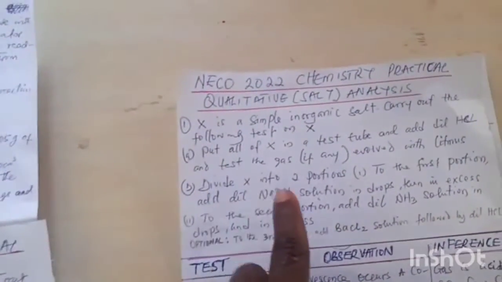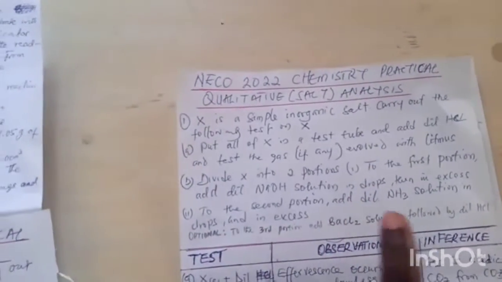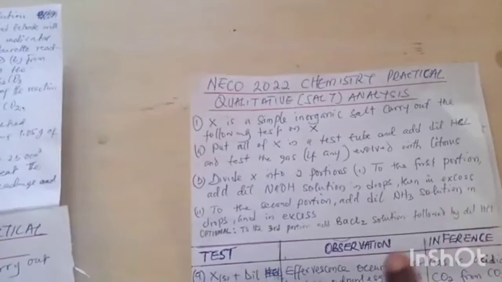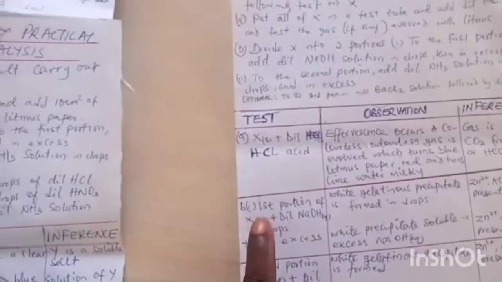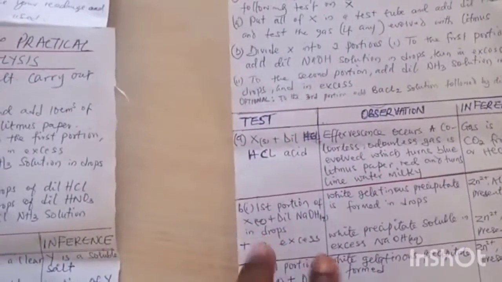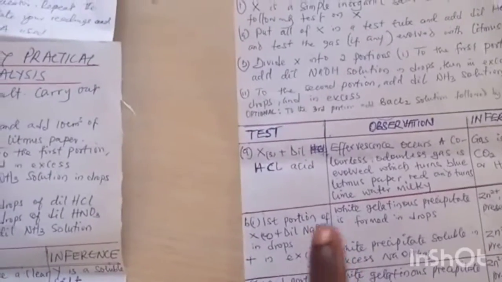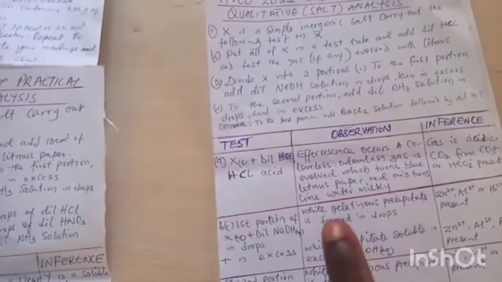Alright, the B part says divide X into two portions. Number 1, to the first portion, add dilute sodium hydroxide solution in drops, then in excess. So I come to my observation table. BI, first portion of X aqueous plus dilute sodium hydroxide solution in drops. And what is my observation? White gelatinous precipitate is formed in drops.